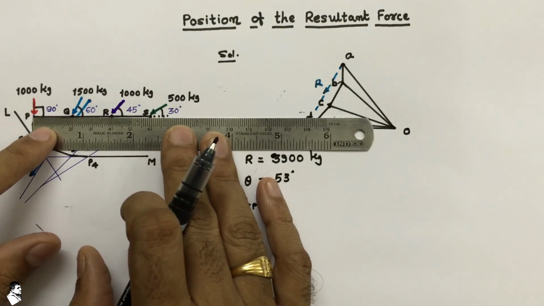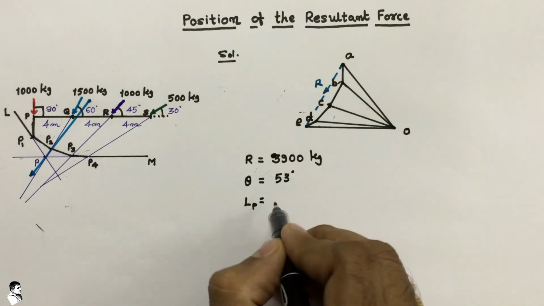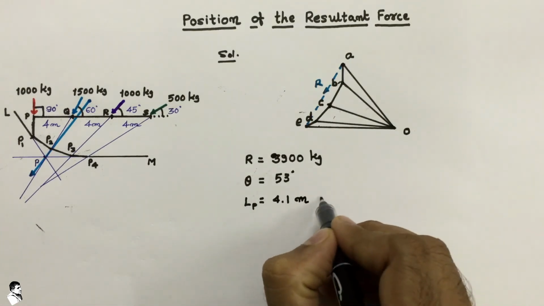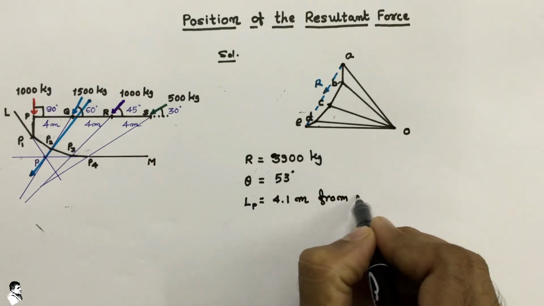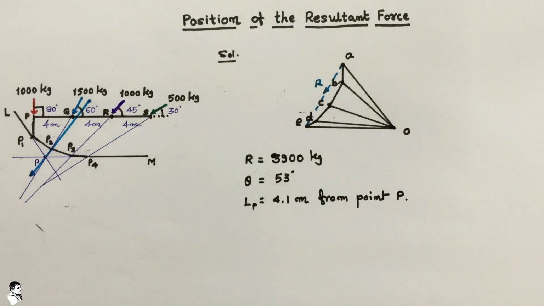We take 2 equal to 4 meters in our scale, so it is 4.1 meters from point P. So this is all about the solution of the given force system, the resultant, and the appropriate position of that particular resultant.